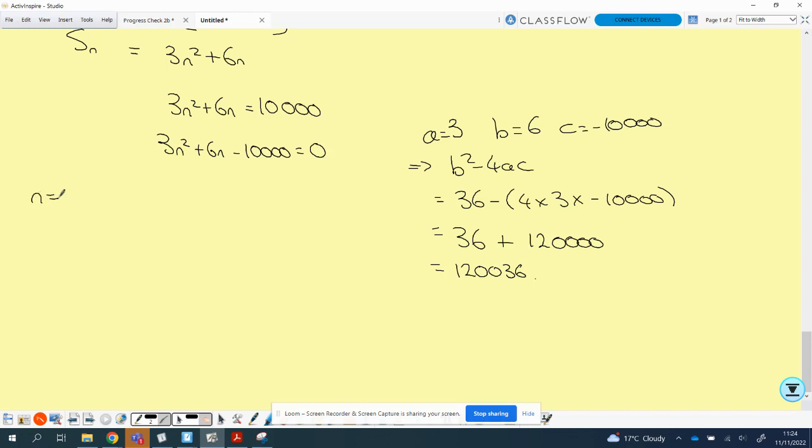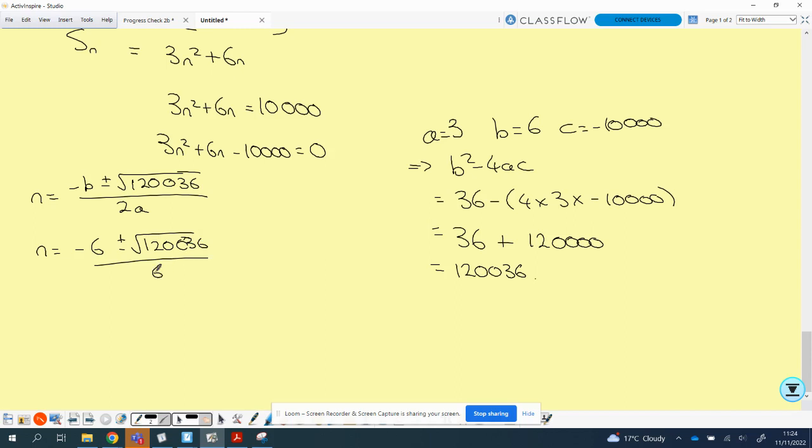So let's get our n value. So n equals negative b plus or minus the square root of 120,036, divided by 2 lots of A. So that's going to be negative 6 plus or minus the square root of 120,036, all divided by 2 lots of A, which is 6.